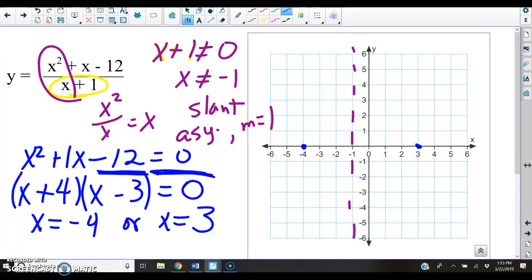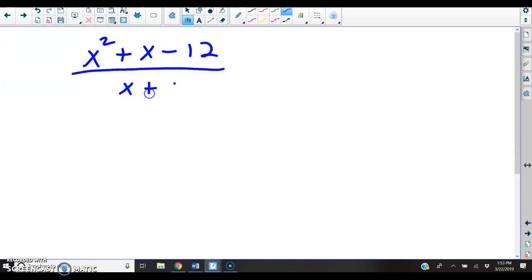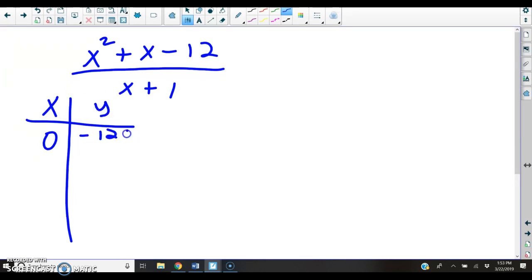Okay. So now we have found that, and we know it's going to follow that slant asymptote. I need to pick some values for x. I need some space, so I'm going to recopy this on the next page and pick some points: x squared plus x minus 12 over x plus 1. When we pick some x's, 0 is pretty convenient, and we get -12 over 1, which is -12.